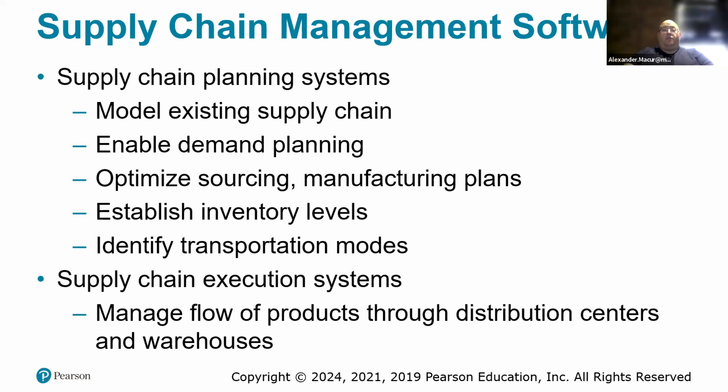We identify transportation modes both in the upstream and the downstream part of the supply chain. Our supply chain execution systems manage our products all the way to the distribution centers and warehouses.